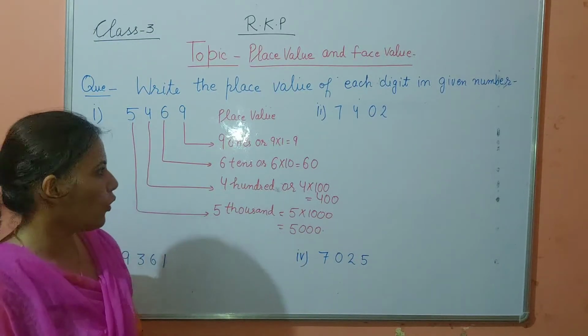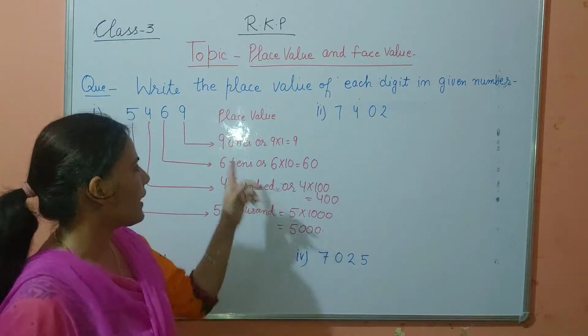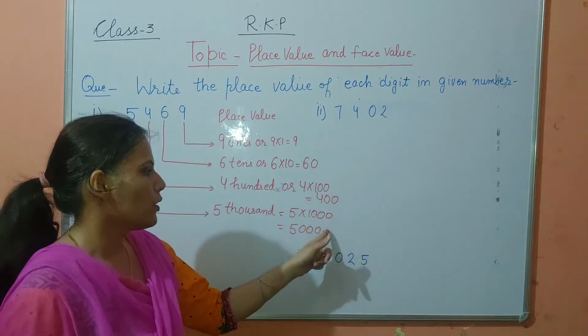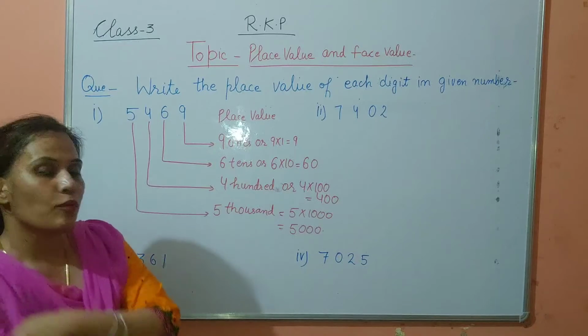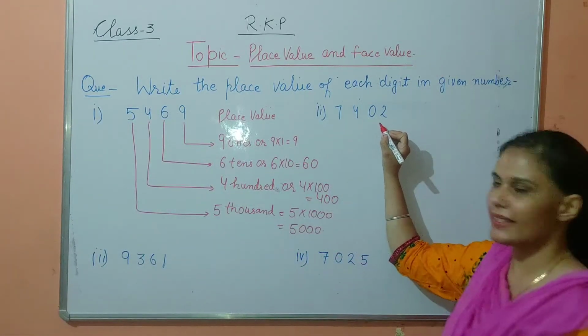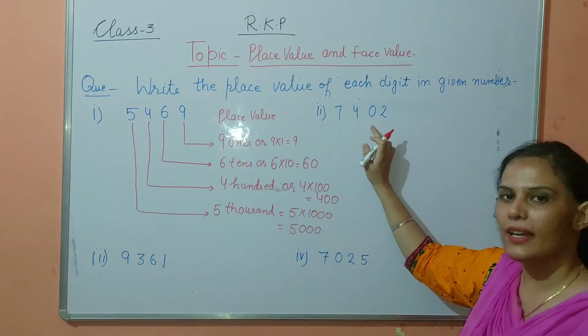So students, hope this will be clear to all of you. You can write either in words or in numbers. Both are correct. Let's take one more example to make it clear. This one example is given to you and you have to find the place value of every digit.